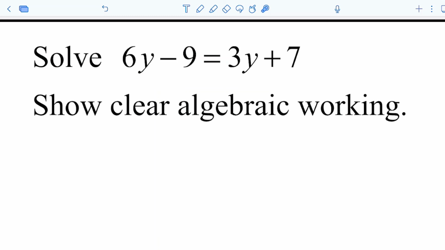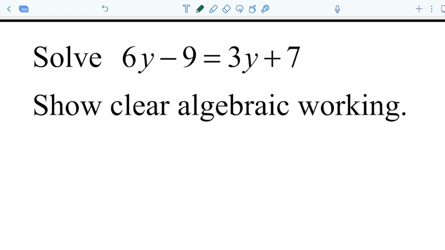So the easiest way to eliminate one of these y terms is to subtract one from the other. As the 6y is bigger than the 3y, we take 3y away from both sides, and doing so, this 3y is gone and this turns into 3y here. And then we are left with one set of y's in the question.